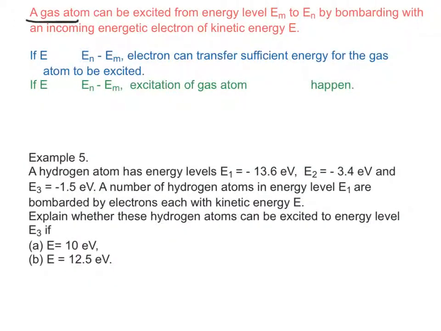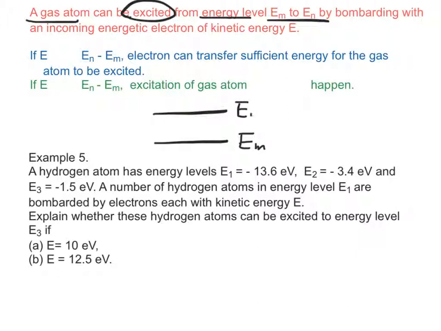A gas atom can be excited from energy level Em to En by bombarding the gas atoms with an incoming energetic electron of kinetic energy E. In the diagram, we have initially an atom in the energy level state Em.